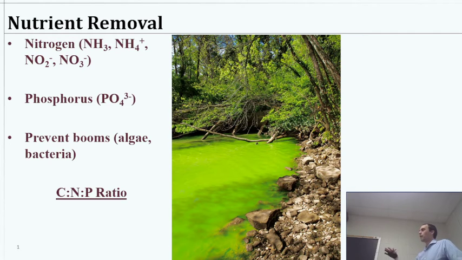There's a whole bunch of oxygen demand created by all those dead cells, and no oxygen being produced, especially in a pond or some slow-moving water. The reaeration rate is pretty low. You're not getting oxygen down there, and so you can have significant fish kills from what we call eutrophication.